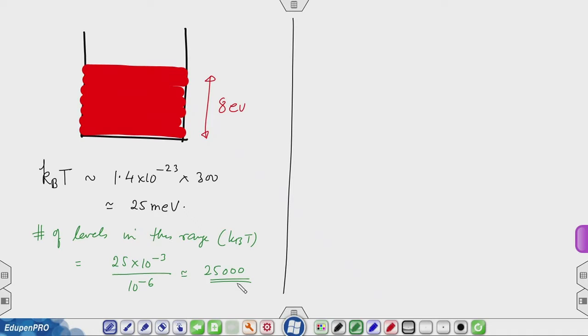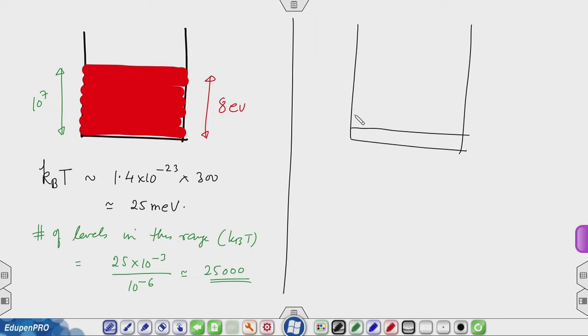Now, imagine there are about 10 raised to 7 levels and kT makes a difference only in 25,000 levels, right. So, if I go to again a very grainy picture, these are the levels.